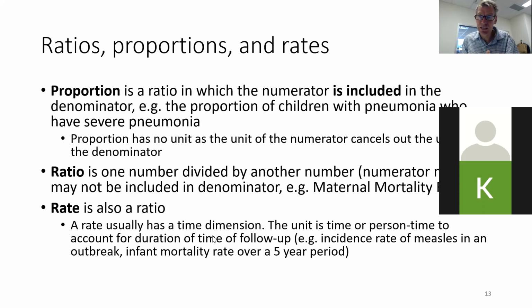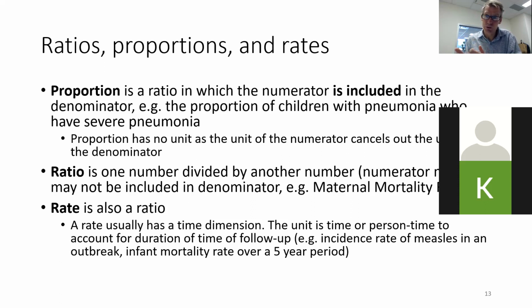Okay, so if you think about the infant mortality rate, I'm sure you all know this. The infant mortality rate is the number of children who die up to the age of 12 months divided by 1,000 live births.